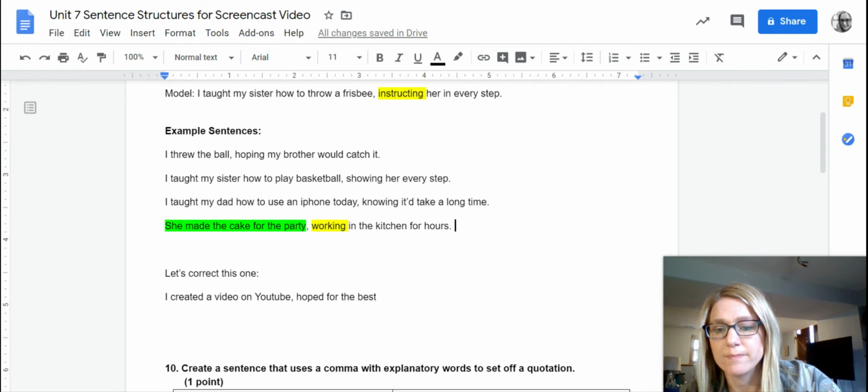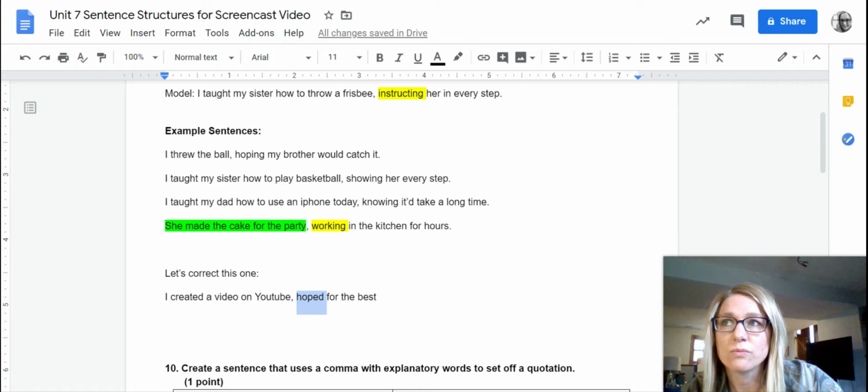So let's correct this one. I created a video on YouTube, comma, hoped for the best. Even though it seems like we should be able to use this form of the verb, it doesn't work as a phrase closer as fluently as the gerund form would. In fact, to correct this and keep this form of the verb, you'd almost have to use a semicolon or create two sentences.